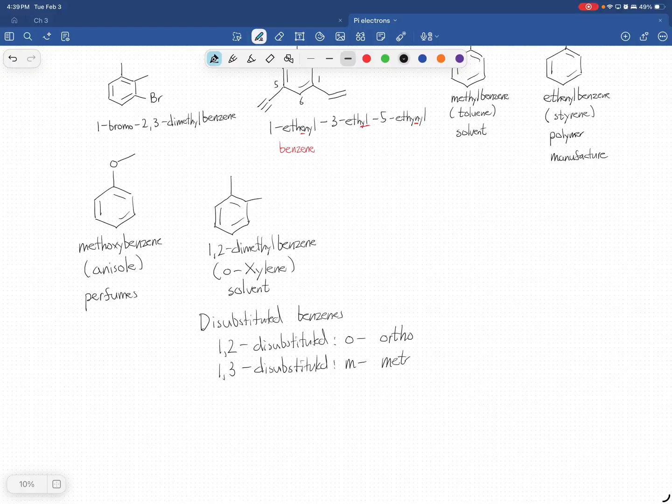That's called M dash, meta. That's the meta position. Now, when it's on opposite sides of the ring, 1,4 di-substituted, we give it the prefix P dash, that's called para.